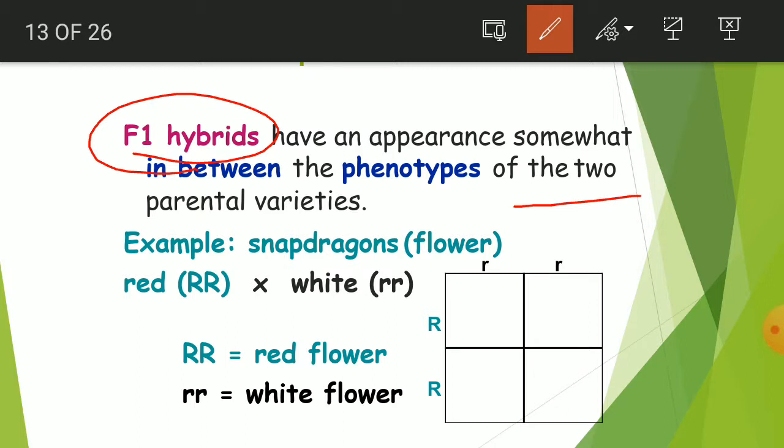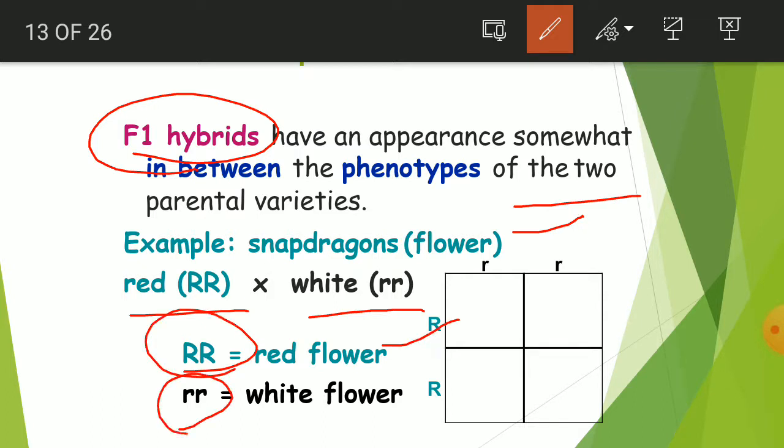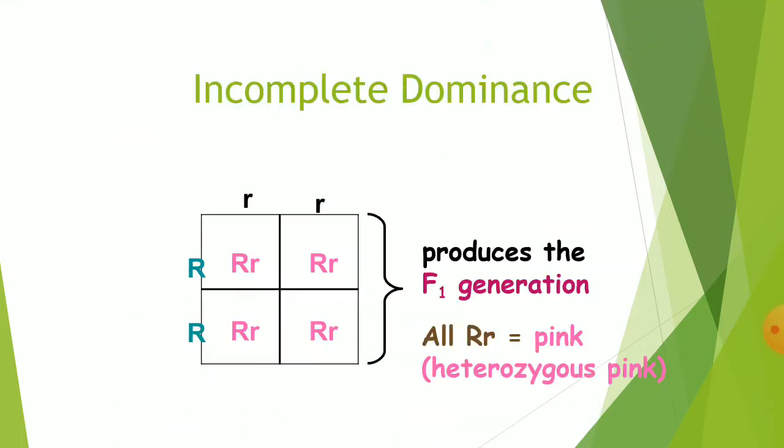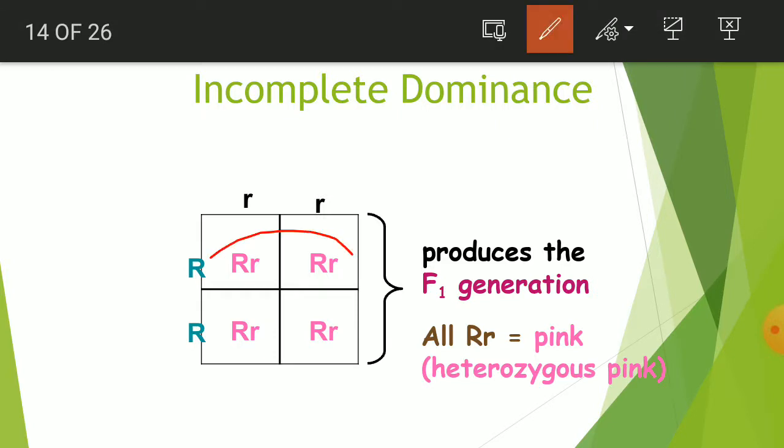For example, in the snapdragon flower, when a red flower and a white flower are crossed, the capital letter genotype produces only red flowers, and the small letter genotype produces only white flowers. These are the gametes produced by the recessive and dominant parents. In incomplete dominance, populations with different genotypes are produced, and all are pink.